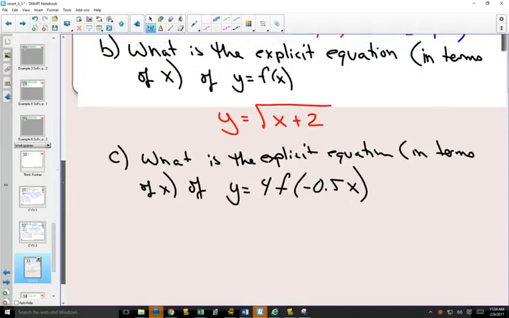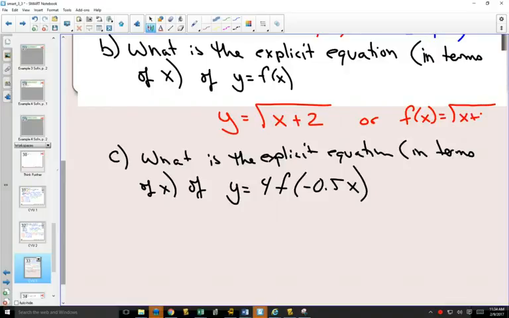So, something to think about. Well, instead of f of x, we wrote this as y equals the square root of x plus 2. In other words, we are saying that f of x is equal to the square root of x plus 2. If that's the case, how do we work with this function notation? What does this mean? Y equals 4f of negative 0.5 x.